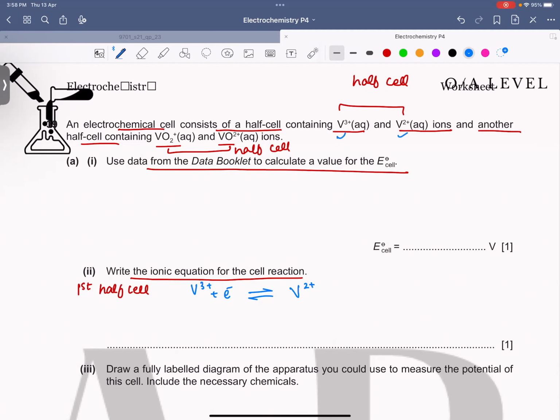Now let's try to make the half equation for the second half cell.